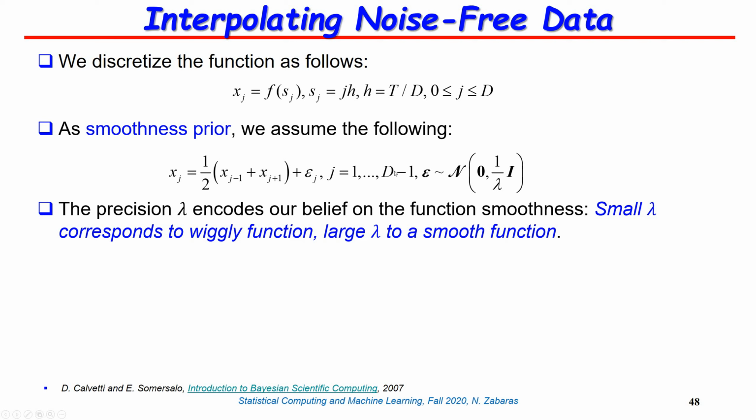Now this equation that I wrote for each grid point from 1 to d minus 1, you notice, by the way, I don't include the points j equal to 0 and j equal to d, because if you take the point j equal to 0, you don't have a point to the left. I can fix this if I want to, but I don't have a point on the left.